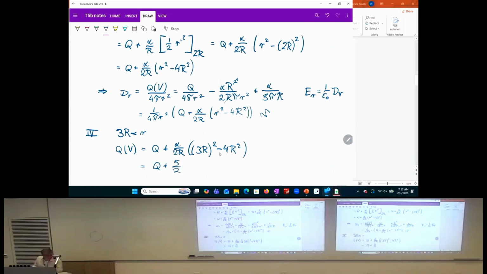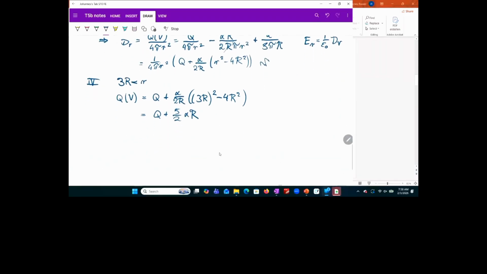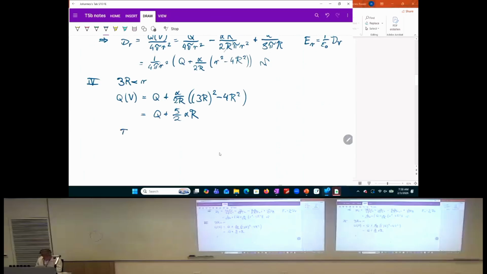I have to check if this is correct. So I think you probably got the concept, and might have to verify that in some quiet moment. We divide that again by the 4 pi r squared, and then we get our E field, and that's 1 over epsilon D_r.